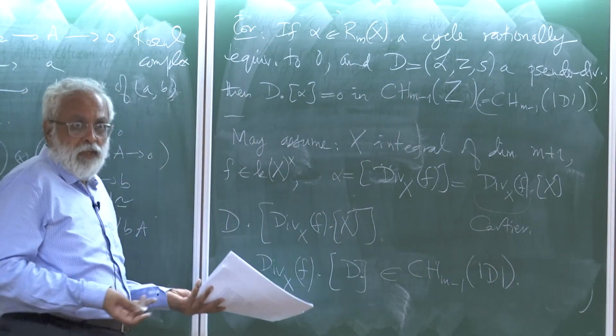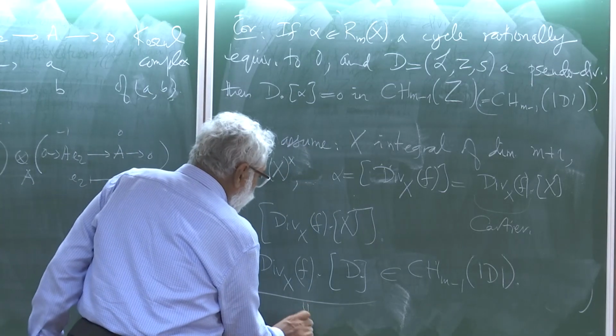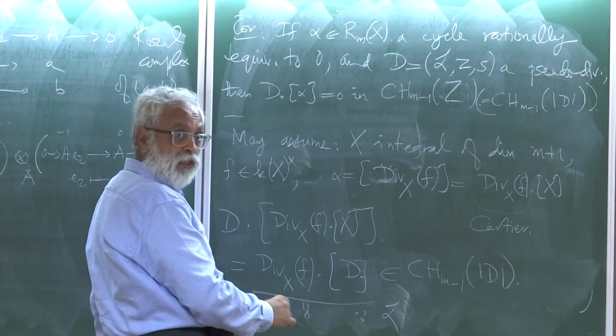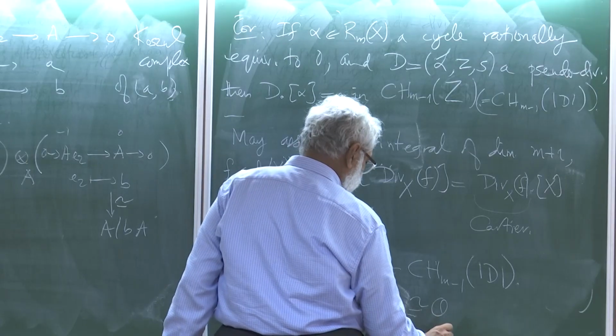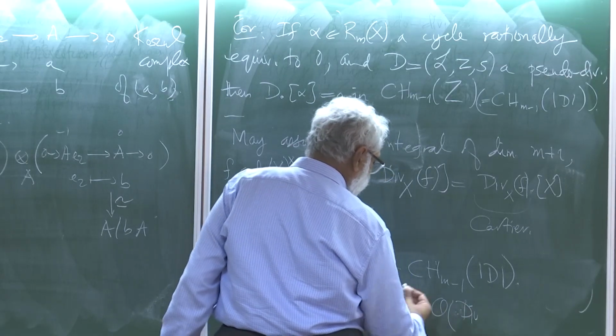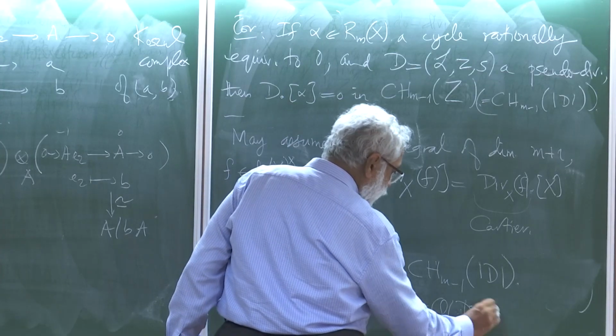Right? The definition. But we know that this is 0 because the line bundle L in question is isomorphic to O of div_x f.